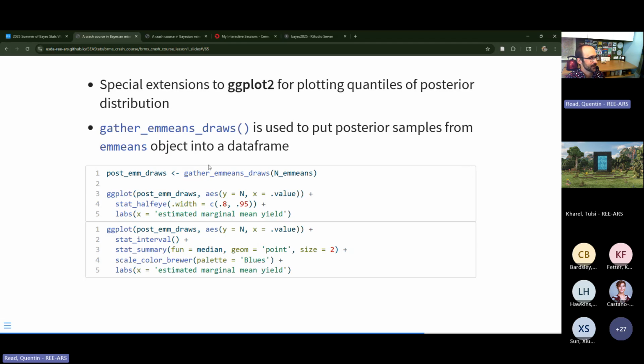And gather_EM_means_draws is a function that takes the output of EM_means and puts it into a data frame that's easy to plot with. And then I've given you some different ways to plot it. So let's take a look at what these posterior estimates look like when we plot them.